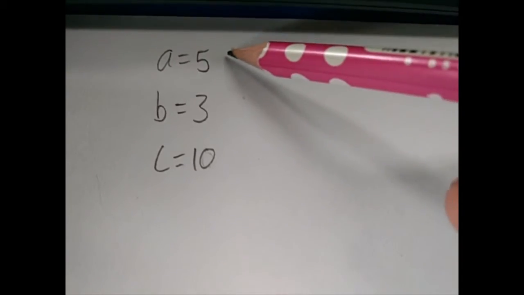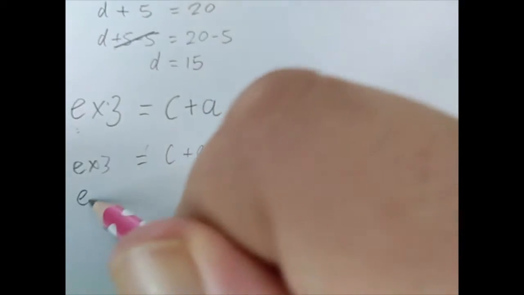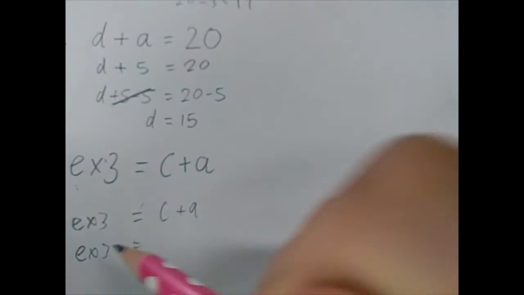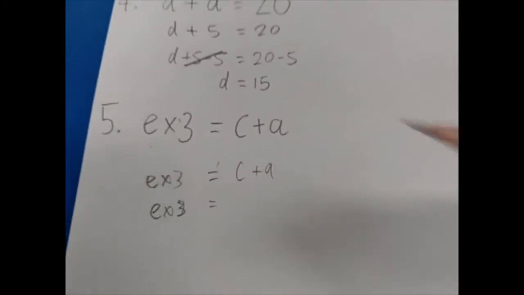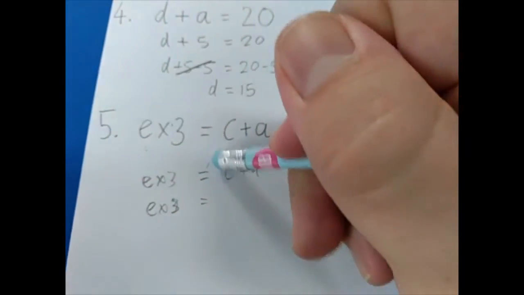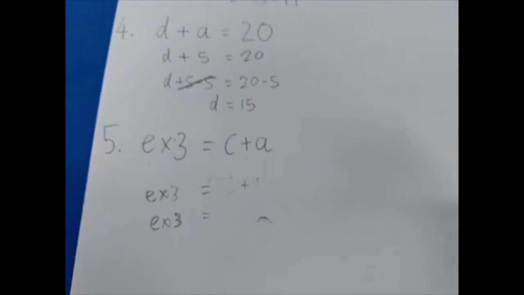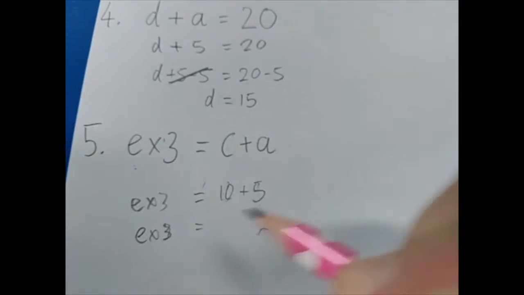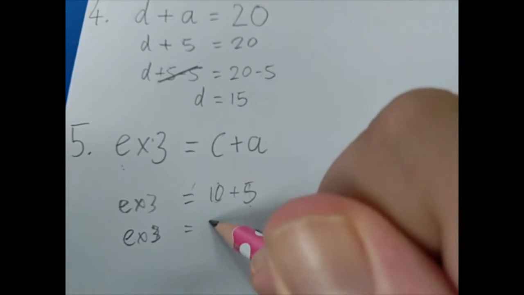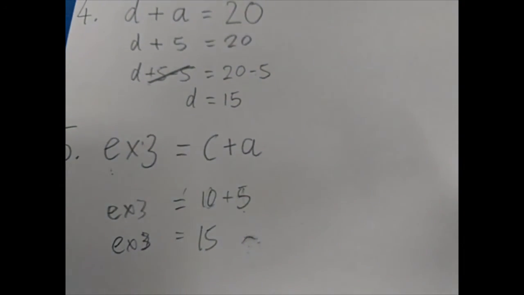So we've got A and C. E times 3 equals, oh, why did I copy that there? Well, let's substitute these for 10 plus 5. So E times 3 is 15.